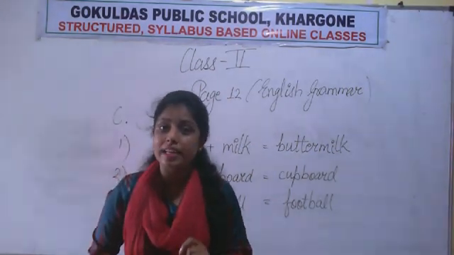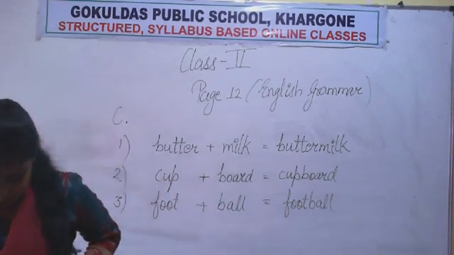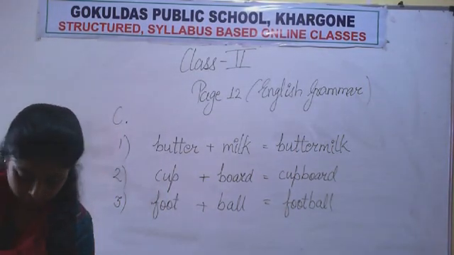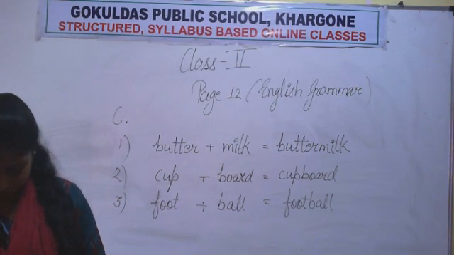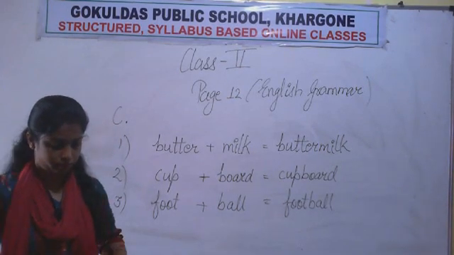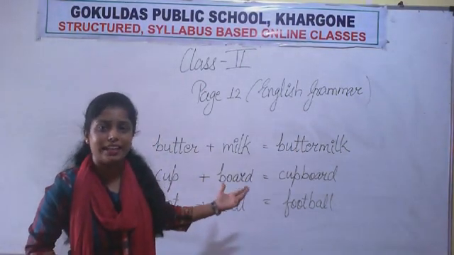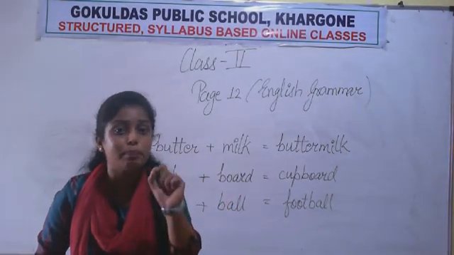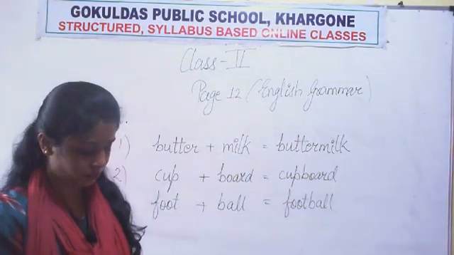Don't write anything in the notebook right now. I will tell you when we will start the notebook. And parents, for the slow writers, again I am telling you, you can take a screenshot or you can pause the screen.